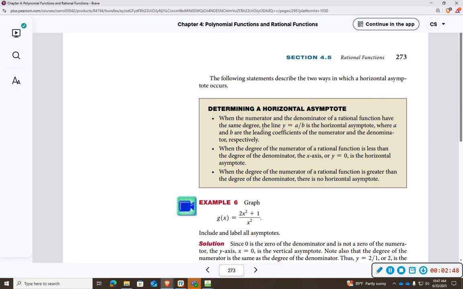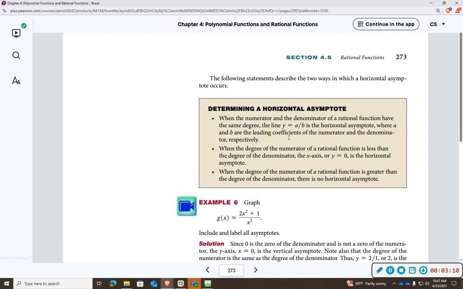If the degree is the same, which I'll show you some examples of shortly, the horizontal asymptote will be y equals the coefficient of the numerator divided by the coefficient of the denominator. They say that here, a over b, where a and b are the leading coefficients of the numerator and denominator.